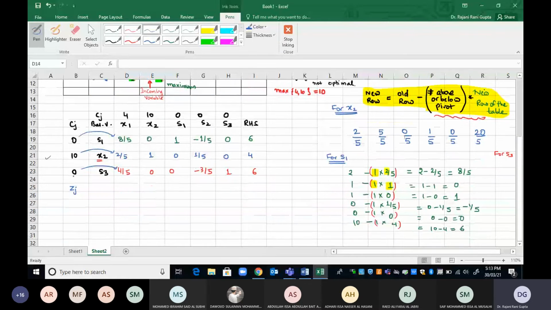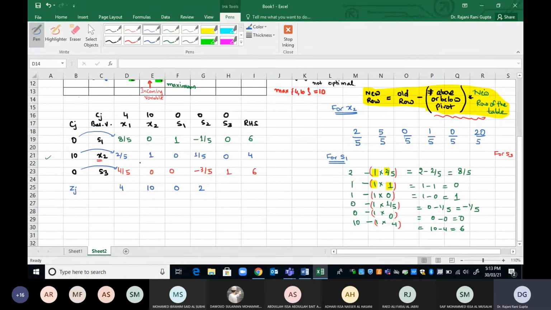So you will get Zj as 10 multiply 2, 20 divided by 5 gives you 4. 10 multiply 1 gives you 10. 10 multiply 0, 0. 10 multiply 1 over 5 gives you 2. 10 multiply 0, 0. And 10 multiply 4 gives you 40.